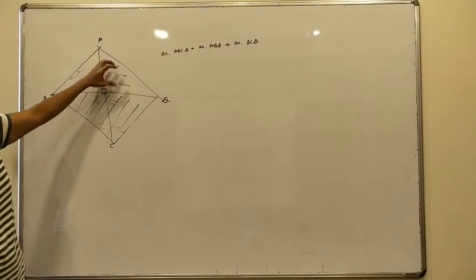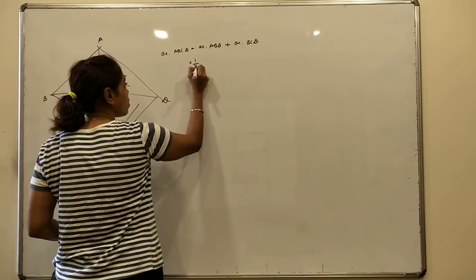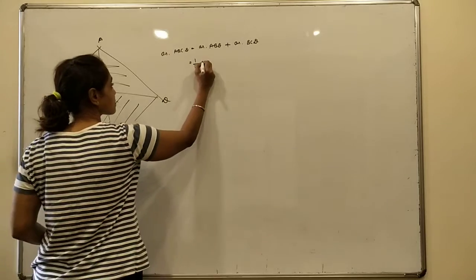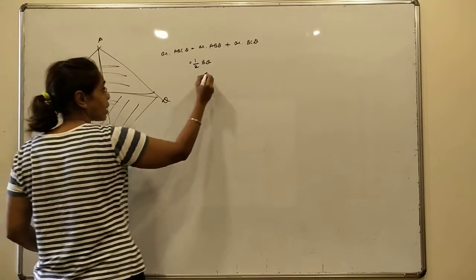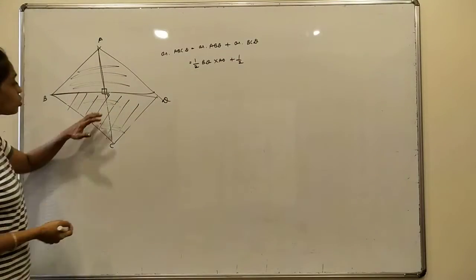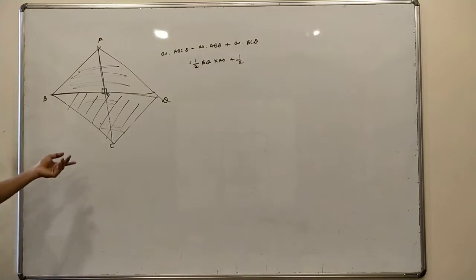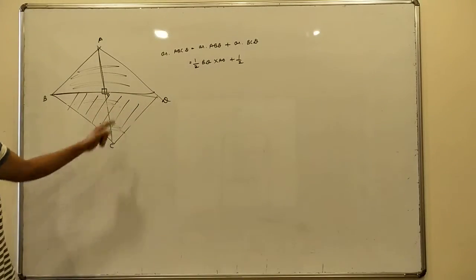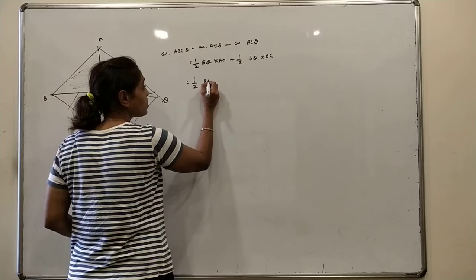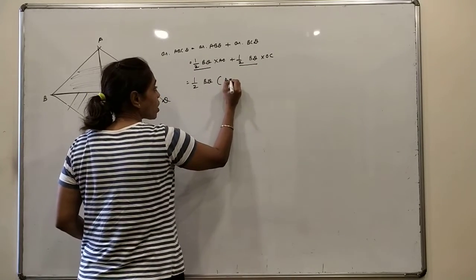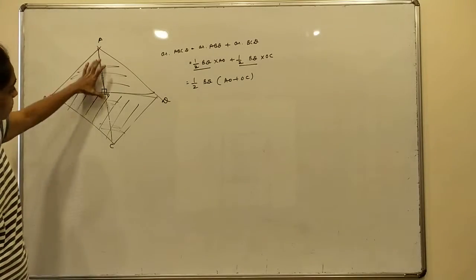Now what is area? 1/2 of base BD, the height on it is AO. Then for the lower triangle, base is BD and height is OC. So 1/2 of BD into OC. 1/2 of BD is common, so AO plus OC, this plus this is AC.